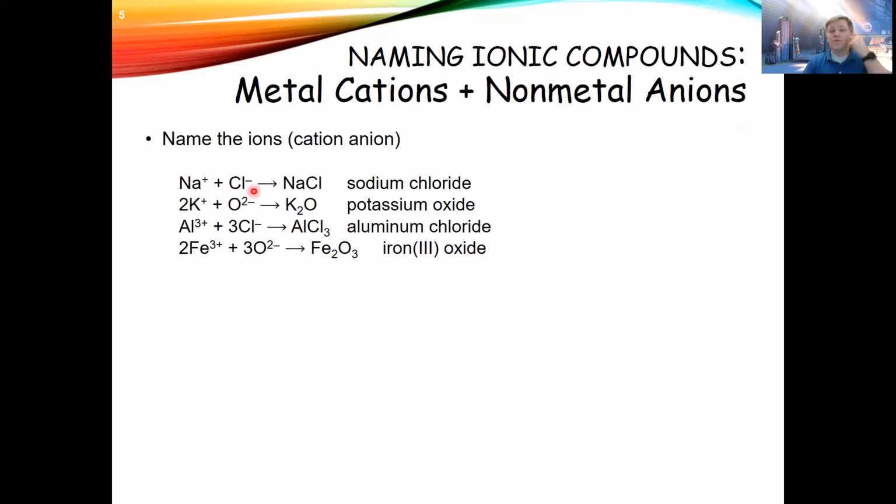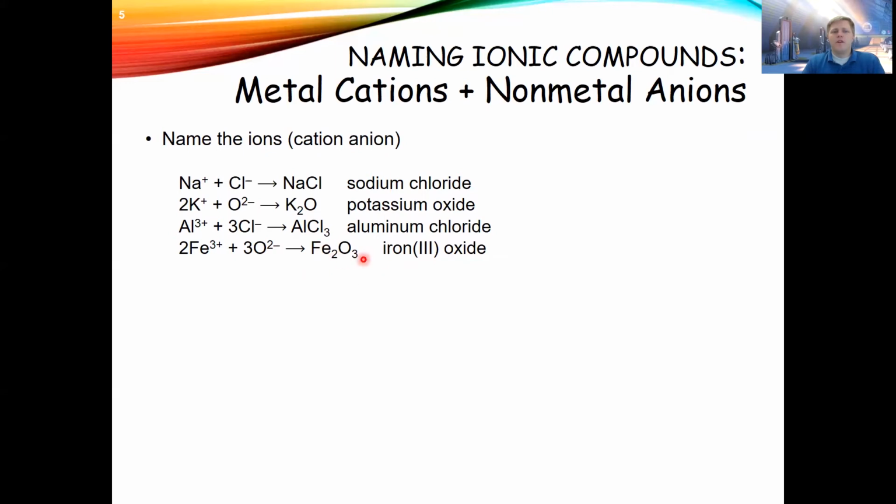Now the easiest way to figure out how to balance these, for this one down here, for example, we have iron-3 oxide. Notice that we keep the charge of iron in the name because we still have to know the charge on it. It's not obvious. Like for aluminum chloride, we know aluminum is going to have a 3+, chlorine is going to have a 1-. But you'll notice in iron-3 oxide, we have 2 irons, 3 oxygens.